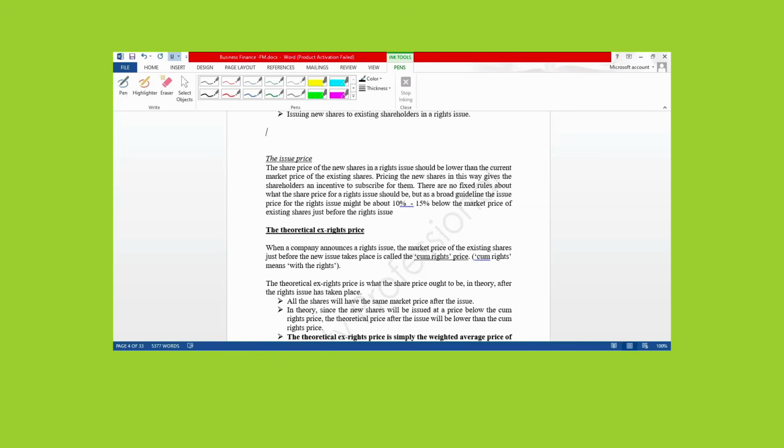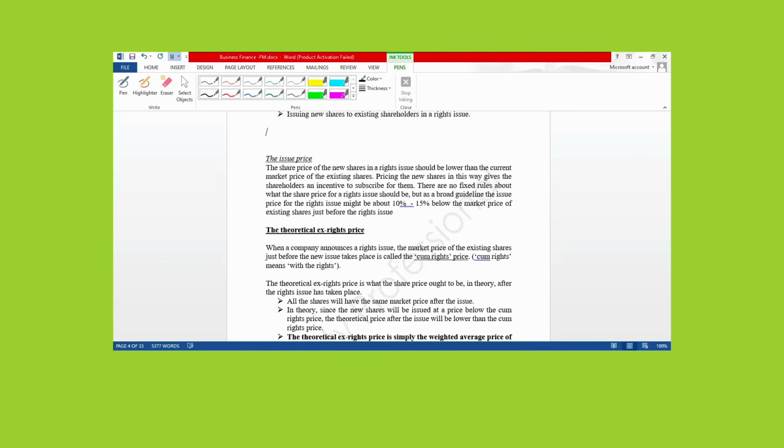When a company announces a rights issue, the market price of the existing shares before the new shares take place is called the cum right price. The theoretical strike price is the expected share price after the completion of the rights issue.